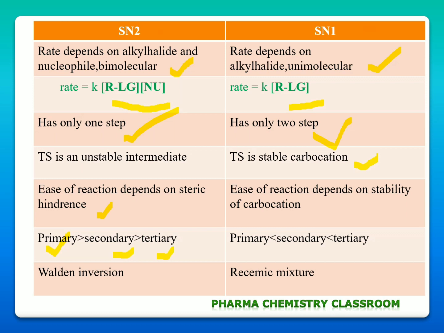In SN1, ease of reaction depends on the stability of the carbocation. That is why tertiary alkyl halides, having more stable carbocations, undergo SN1 reaction compared to secondary and primary. When it comes to stereochemistry, we have seen Walden inversion in SN2 reaction, and in SN1 reaction we get a racemic mixture as product.